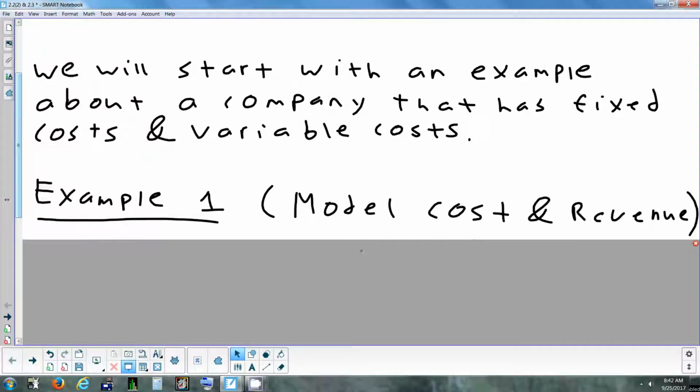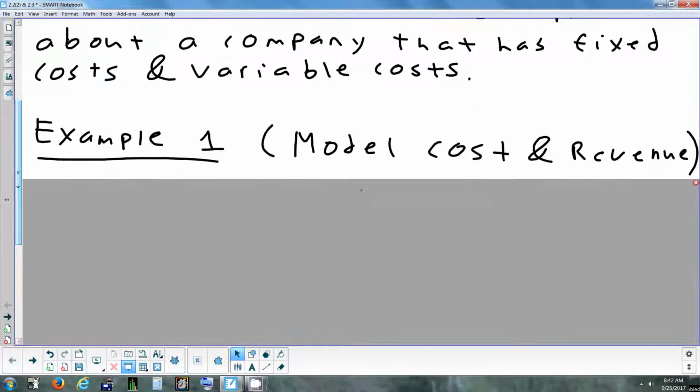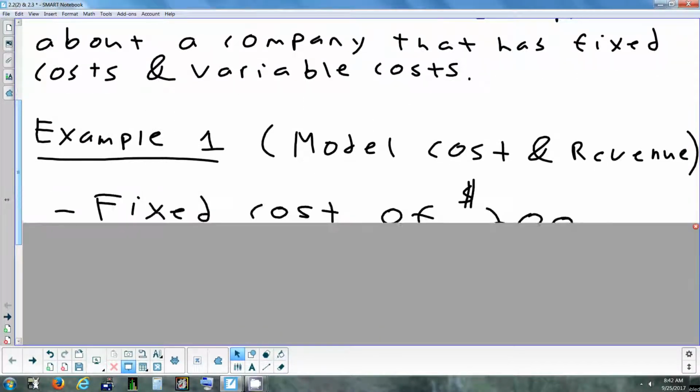But the variable cost is going to depend on how much product they make. Right? Because the more products they make, the more resources they use to make those products. Okay? But the rent for the factory doesn't matter if they make 10 products a month or 1,000 products. They still pay the same fee to rent the building for the month. All right, so that's an example. So we'll do something kind of like that.